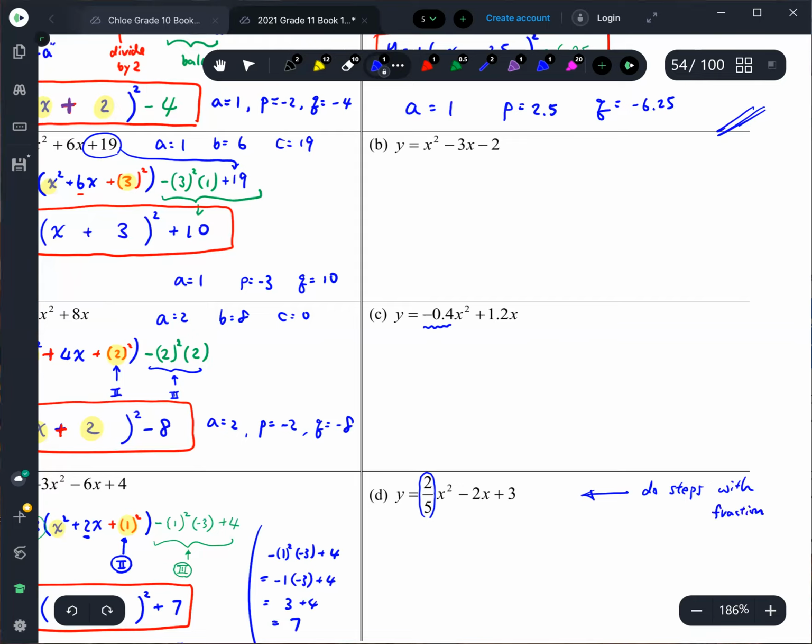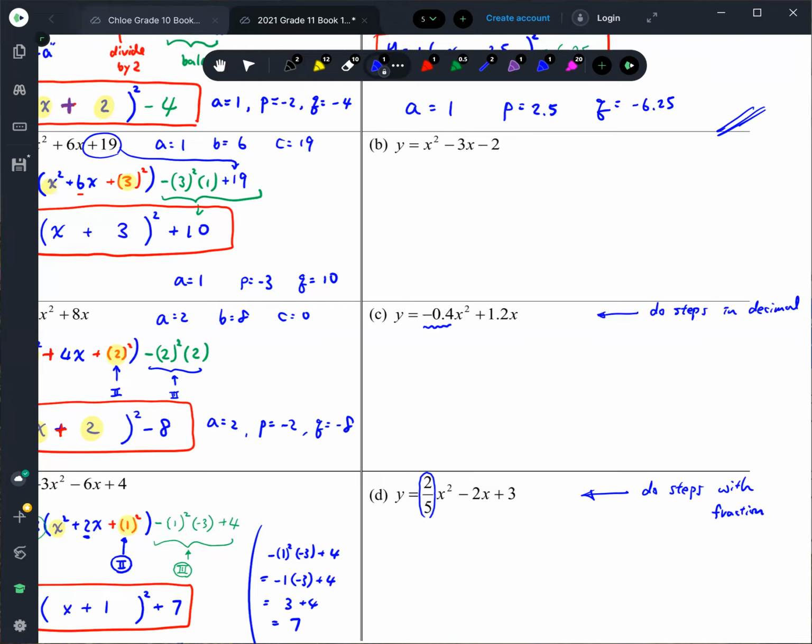Keep everything in fraction, don't change it to decimal. If they give you something that has decimals, then do the steps in decimals. So don't change to fraction, just leave it the way it is.